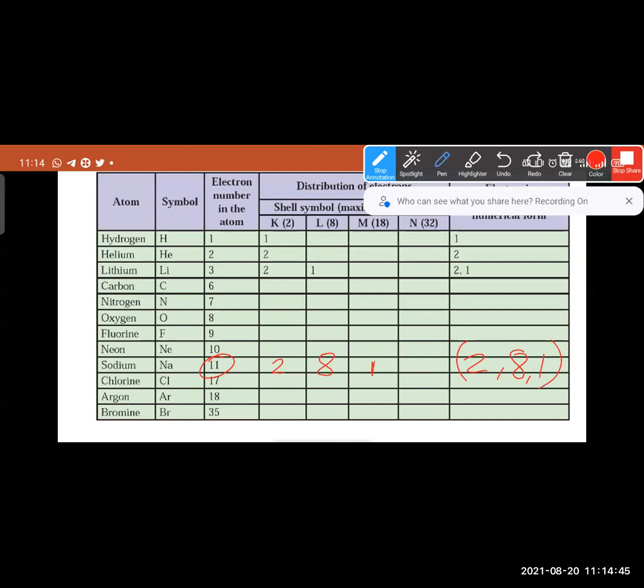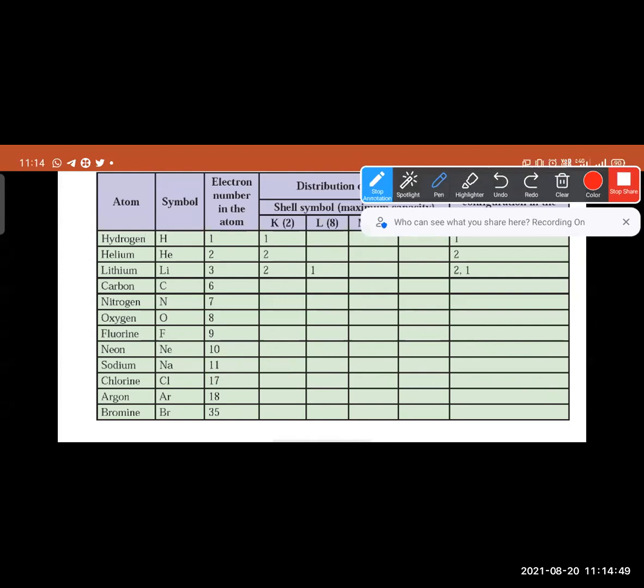Now, in case of chlorine, the atomic number is 17. The first orbit will have 2 electrons. The second orbit will have 8 electrons. So here 10 electrons are completed. The remaining 7 electrons from 17 will be placed in the third orbit or third shell.